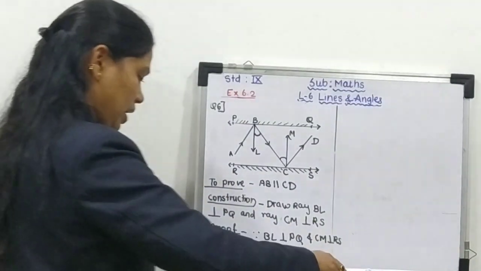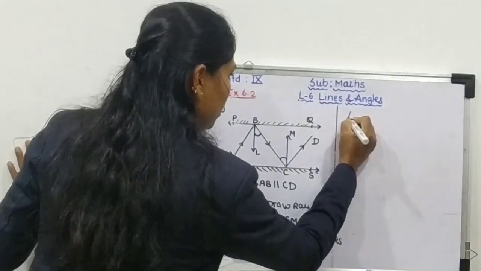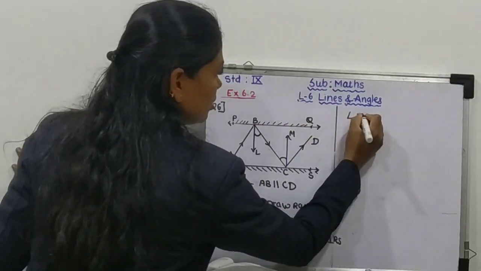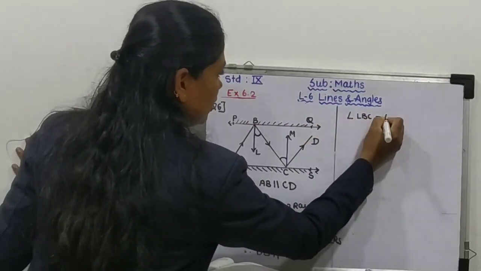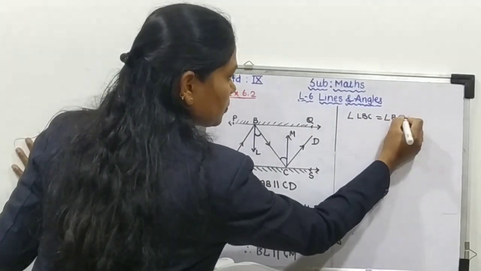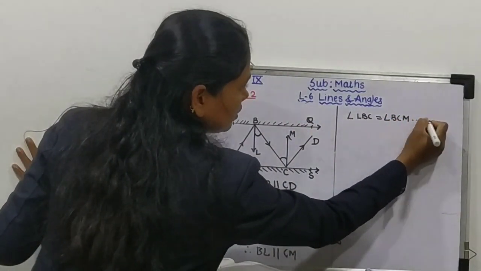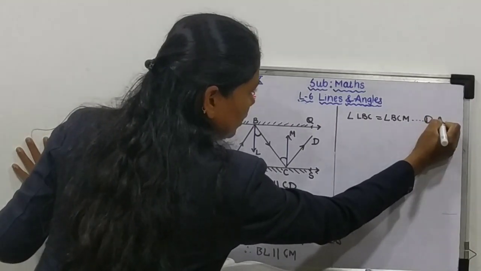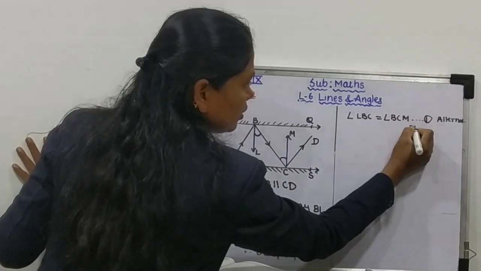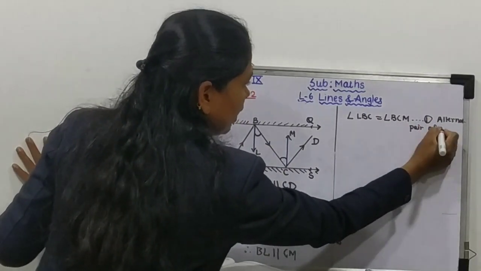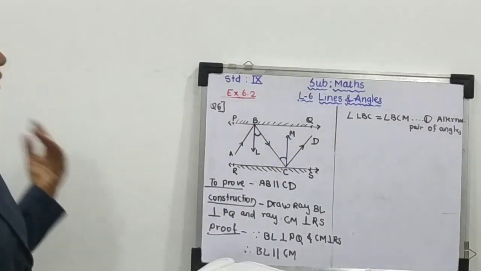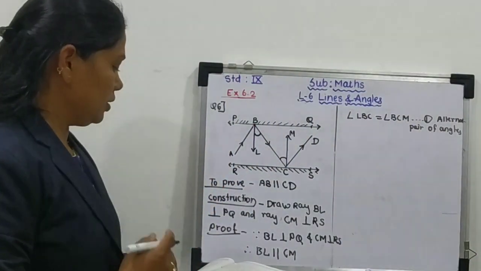So we will say, therefore angle LBC equals angle BCM. Why? This is the first one, alternate pair of angles. Got it?